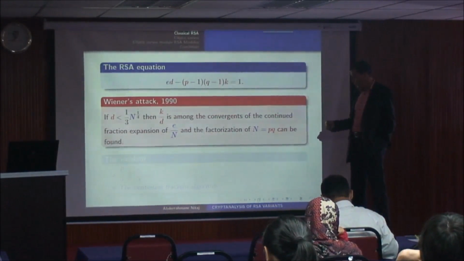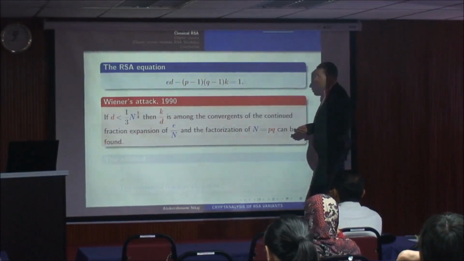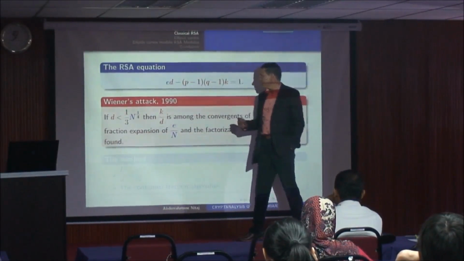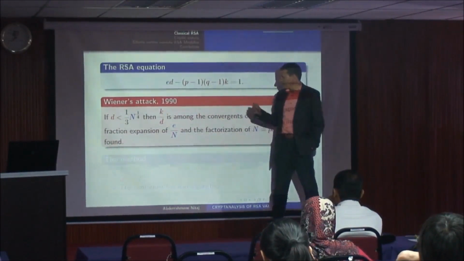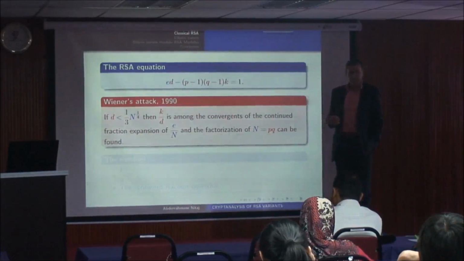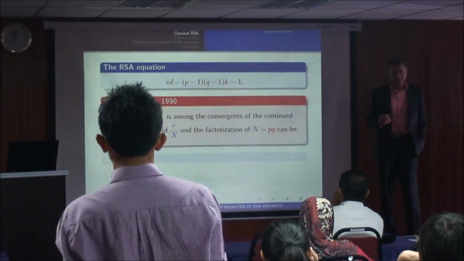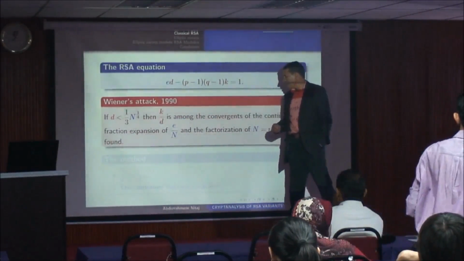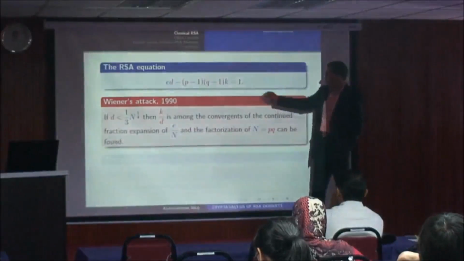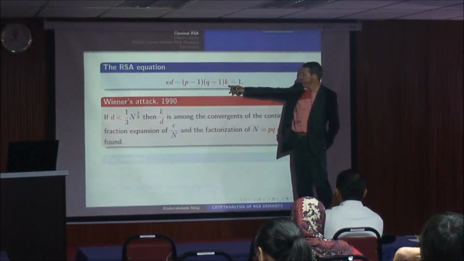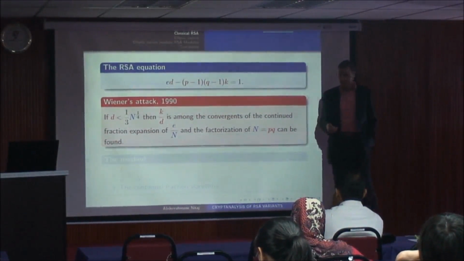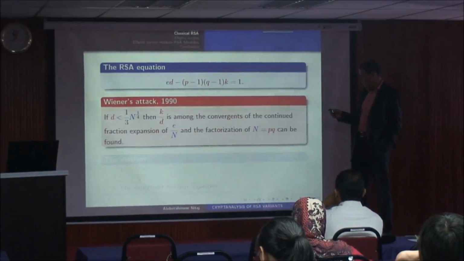In this equation, when d is smaller than this bound, then we can find the value of d, also the value of k, by applying the continued fraction algorithm to e over n, and also we can find the value of p and q, which means that RSA is totally broken in this situation.